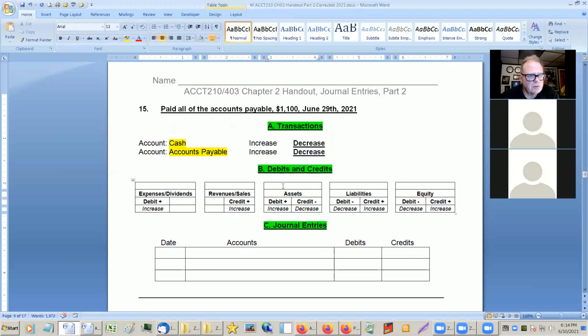Okay, so cash, down. And accounts payable is going down.